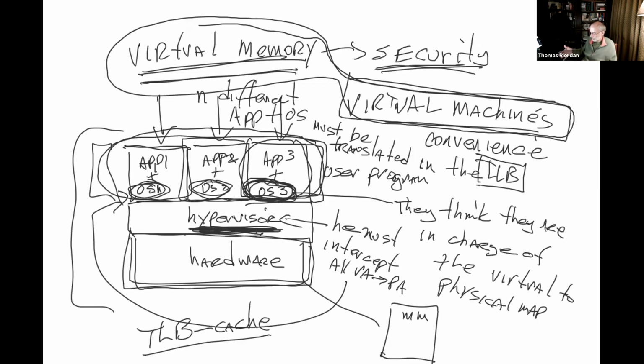This is what it really matters. This is what it really means to support a virtual machine: to support a virtual machine, you've got to support virtual memory. You got to do those two things at the same time. And that's where the rubber hits the road, is making those two things work together.